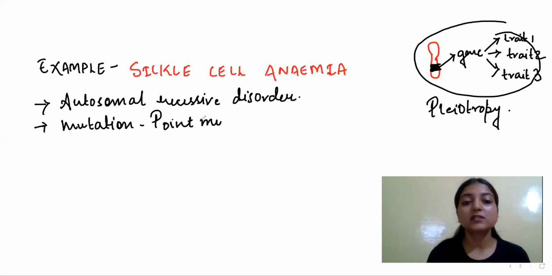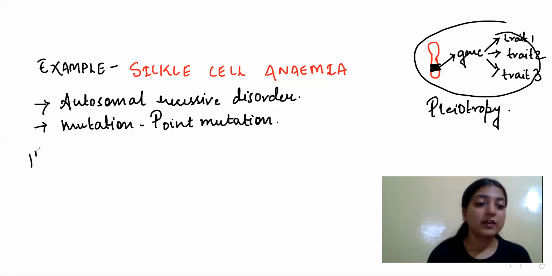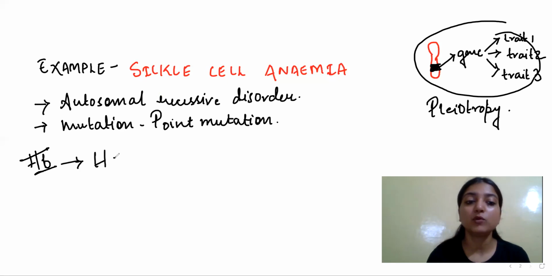I will be discussing why we are telling the point mutation thing here. Now we will be studying sickle cell anemia as an example of pleiotropy. If you know the structure of the hemoglobin, indicated by HB, hemoglobin.